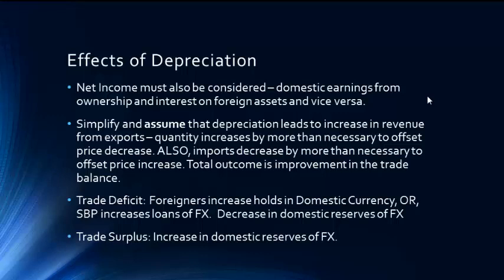There will be a decrease in domestic reserves of FX. See, foreigners, if it's a currency like dollars, people might be content to hold dollars, and then there would be nothing that would happen.